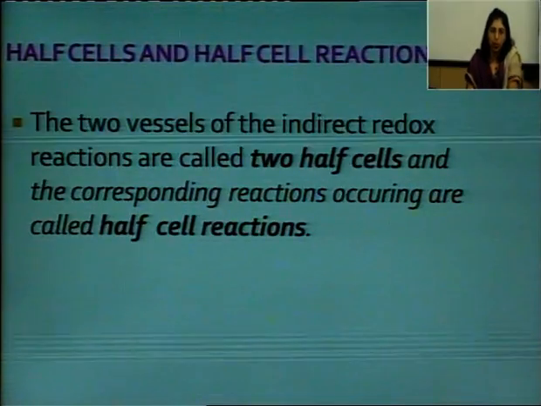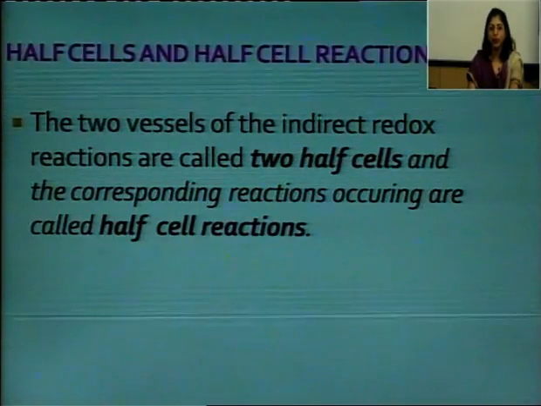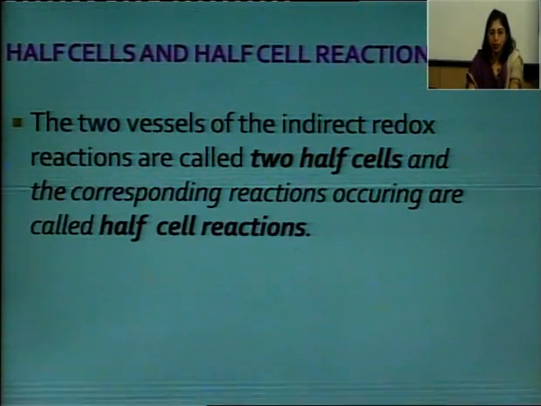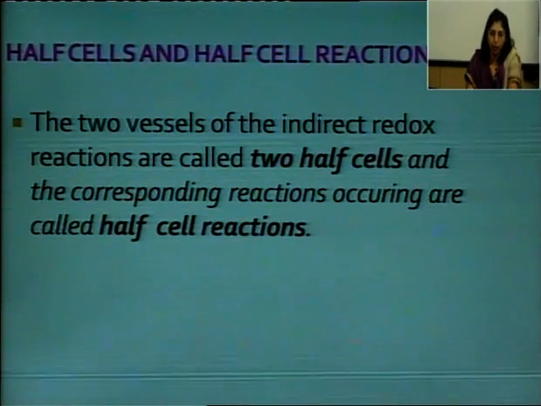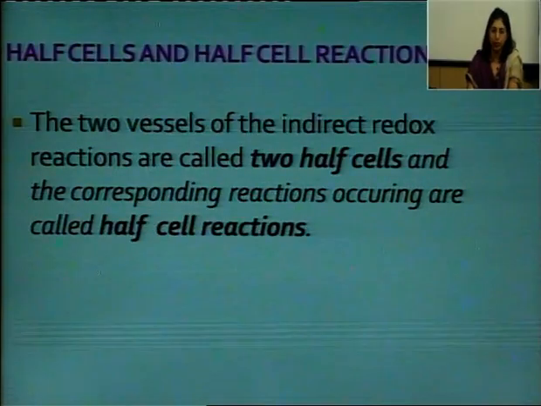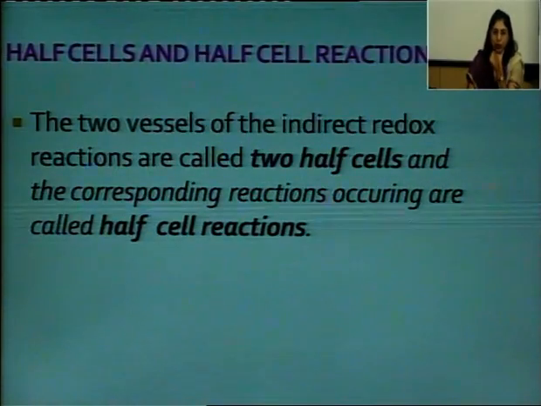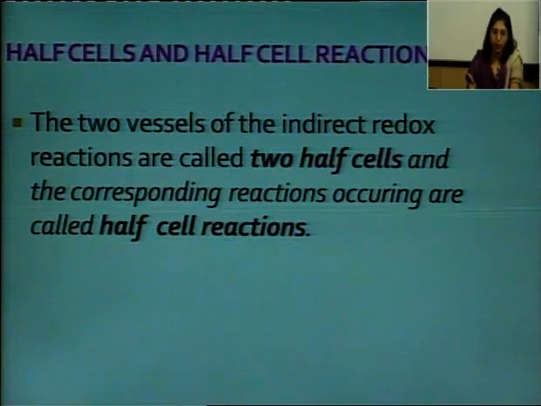Next is about half cells and half cell reactions. The two vessels of indirect redox reactions are called two half cells, and the corresponding reactions occurring are called half cell reactions. As we have seen, an indirect redox reaction contains two vessels.